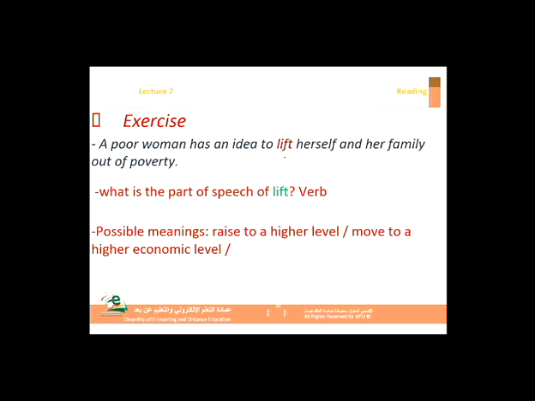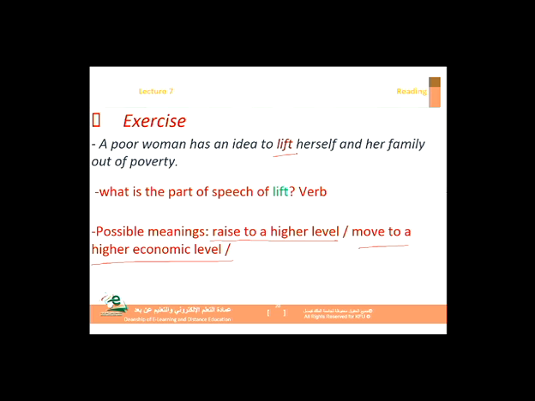So think of the lift that we use to go upstairs. So it's raise to a higher level, or move to a higher economic level. So to lift herself is to take herself out of poverty. So lift can be take, or move higher, or raise to a higher level.